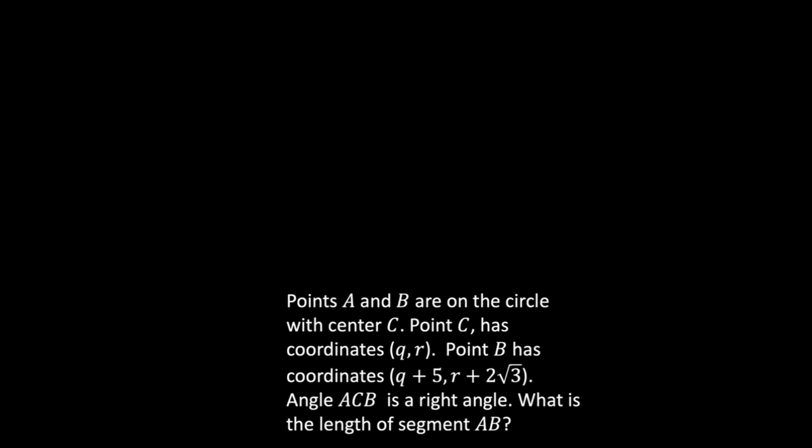First, let's imagine an XY axis, and let's call the center of it Q, R. That's point C. Now, because we have an XY coordinate of Q plus 5 and R plus 2 root 3, if this is the X and this is the Y, it means we're going to the right by 5 and we're going up by 2 radical 3.